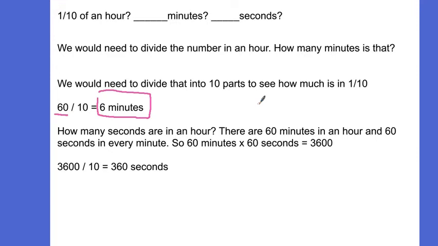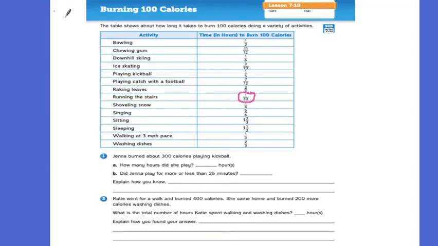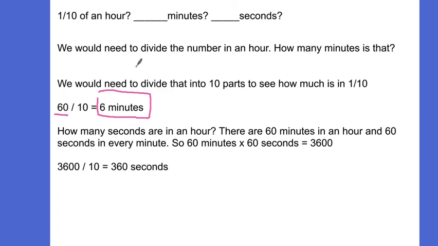What was it? The 1/10 of an hour was for, what was it called? Just running the stairs, 1/10. Okay, so how many seconds is that? Well, we could divide the number of seconds in an hour into 10 parts to find out 1/10. So I know that there are 60 minutes in an hour and there are 60 seconds in every minute. So if I multiply 60 times 60, I get the number of seconds.